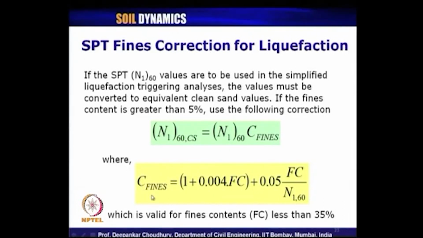So, how to compute C fines? This is the expression to compute C fines. C fines is equal to 1 plus 0.004 times FC plus 0.05 times FC by N160, where FC is nothing but the fines content in percentage, and this expression is valid for fines content less than 35%.